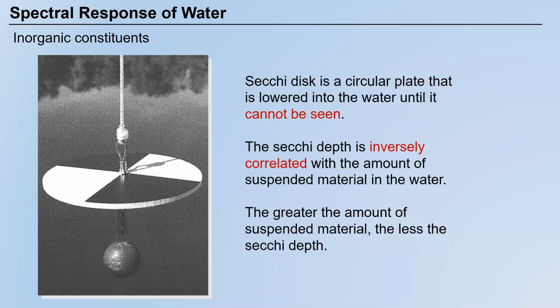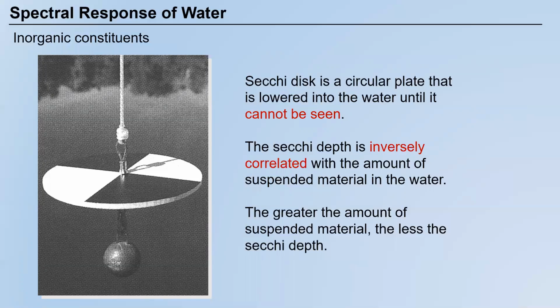And when you can barely see the disk, you stop the rope and measure the depth of the disk right now. If it is very deep, it means that the water is very clean. The inorganic constituents concentration is very low, the turbidity is very low.